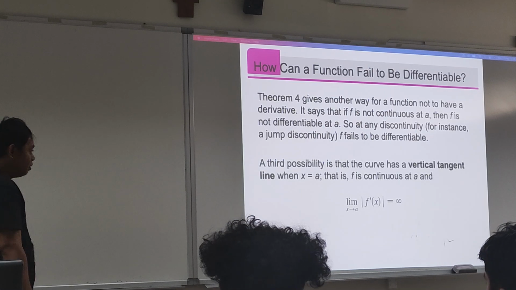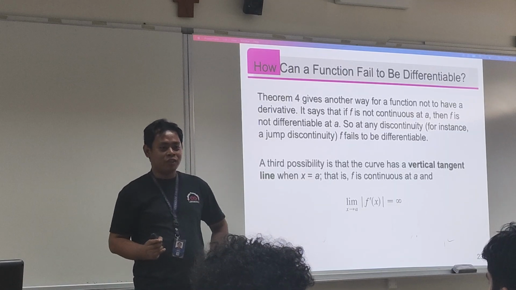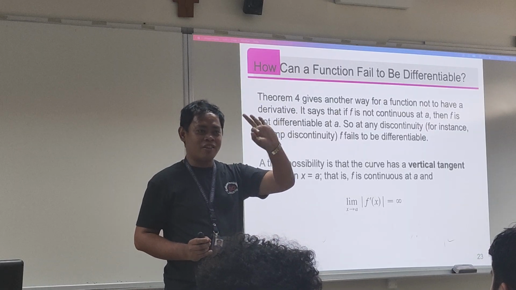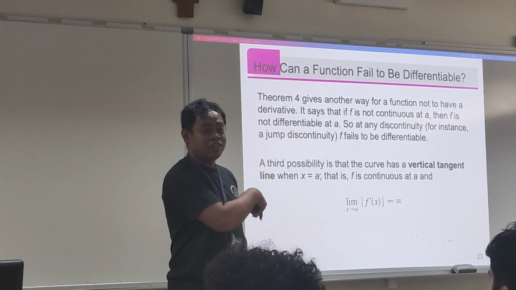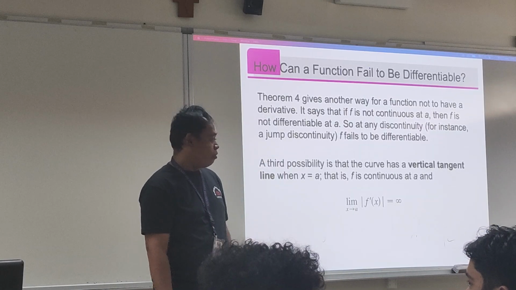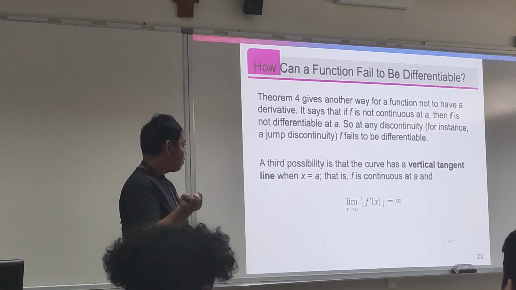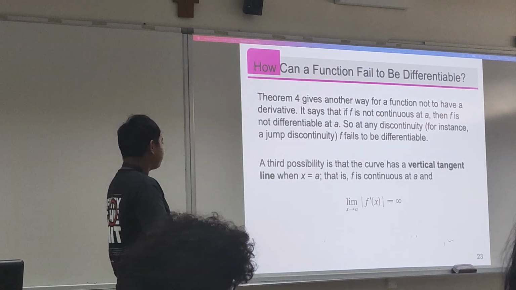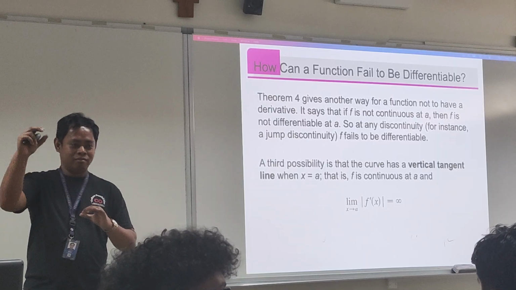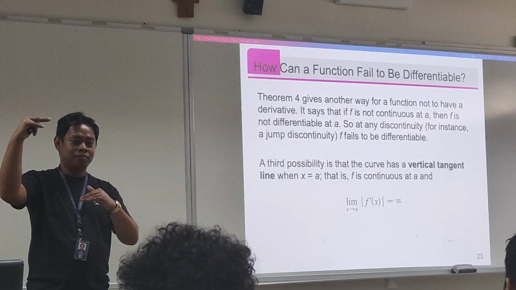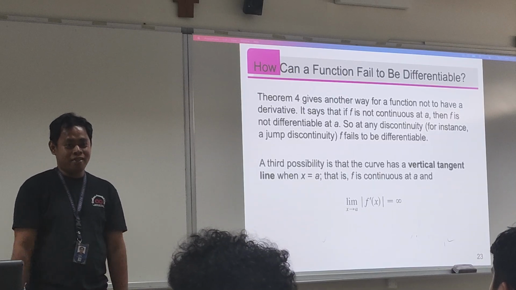Meaning, you can verify that it is not continuous by checking the three conditions. If any one of these three conditions fails, then it is not continuous, so it follows that it is not differentiable at that point. That is the contrapositive of the theorem. At a discontinuity, for instance a jump discontinuity, f fails to be differentiable. Jump meaning it is not continuous, so it follows that it is not differentiable at that point.